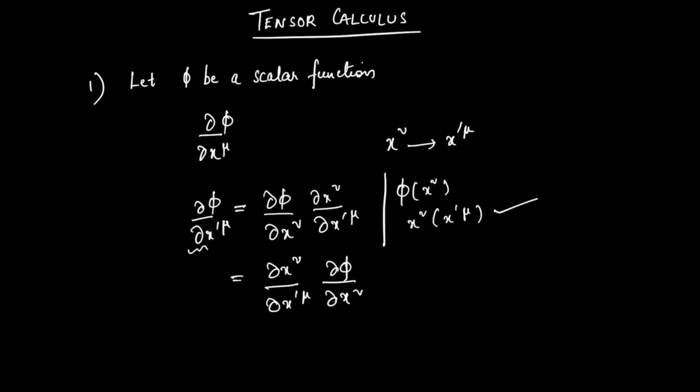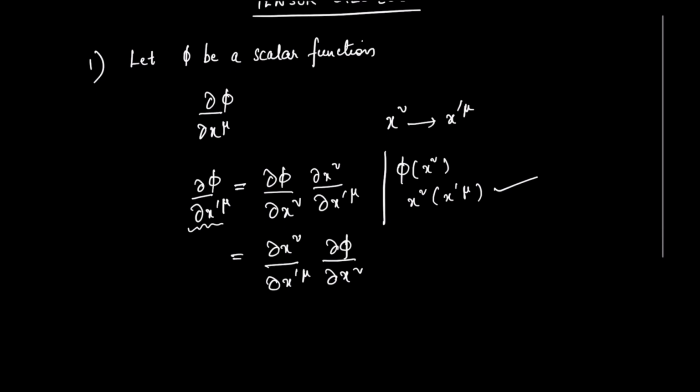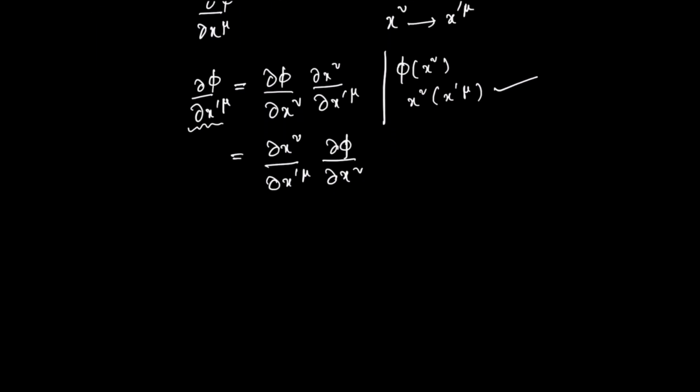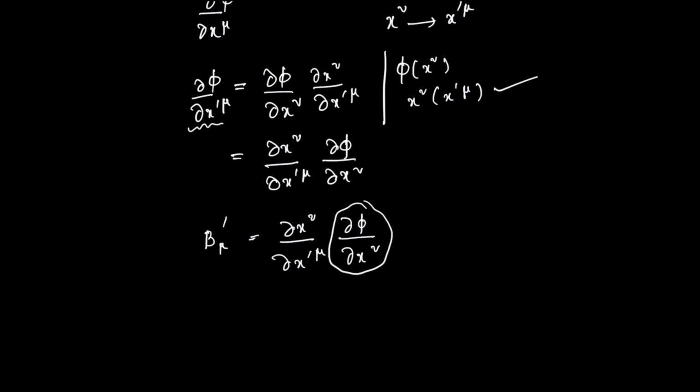Here you can see that the primed quantity is in the denominator, which means this function is a covariant vector, right? So I can write the partial derivative of phi with respect to x prime mu as b mu prime, which is equal to the partial derivative of x nu with respect to x prime mu, times the partial derivative of phi with respect to x nu. So this partial derivative of phi with respect to x nu is a covariant vector, so I can write this as b nu.